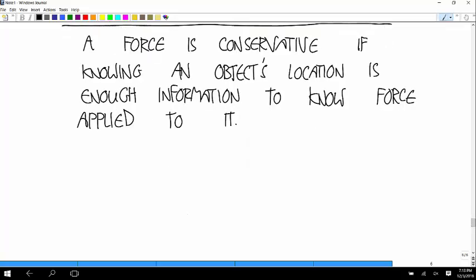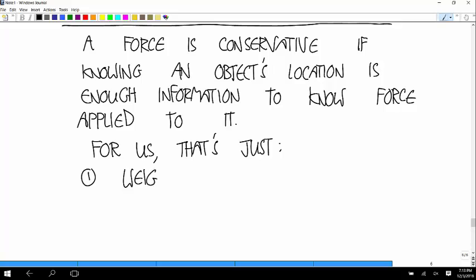We're only going to deal with two types of conservative forces. So for us, that's just first, the weight force, the force applied by gravity. And second, the force applied to objects by springs. That seems like an oddly specific thing to be worried about.